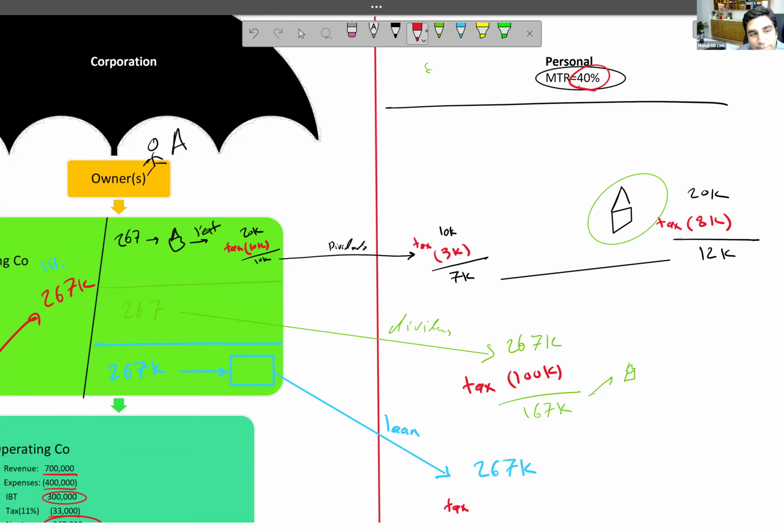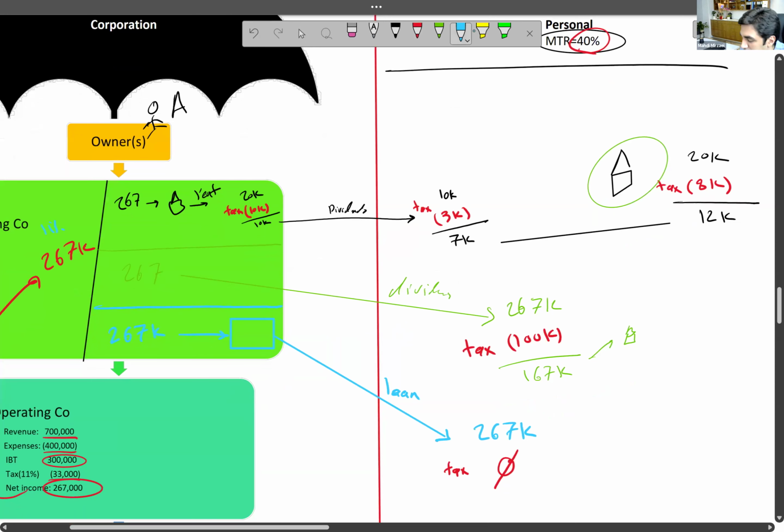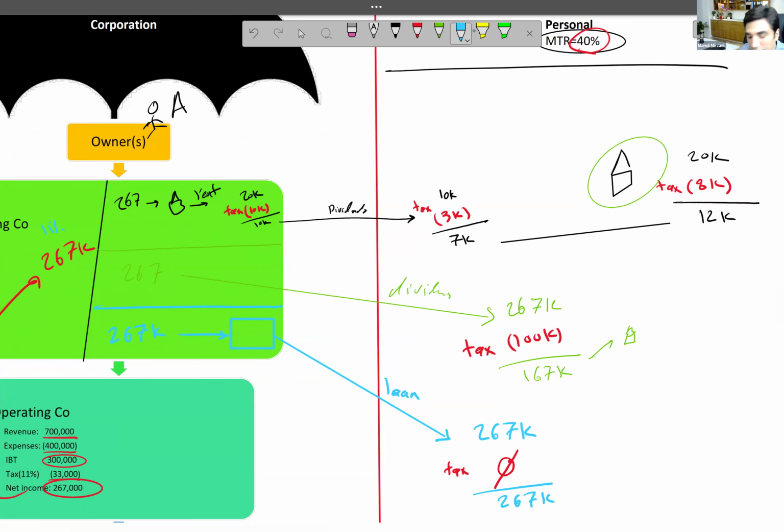Any idea? 0. Because it's a loan, it's not an income. So how much does it have? $267,000. Now with this money, he can buy this property and have this money. Make sense?